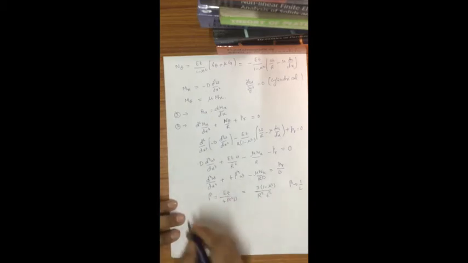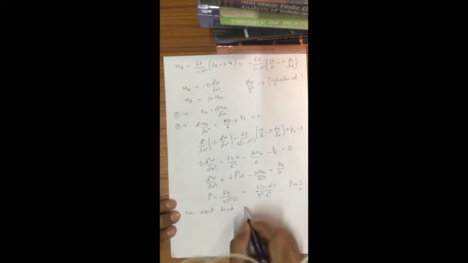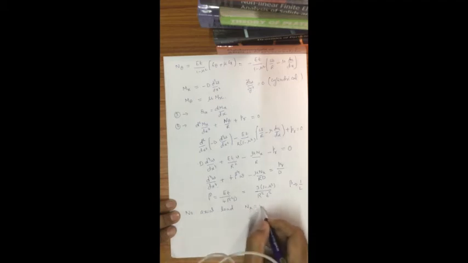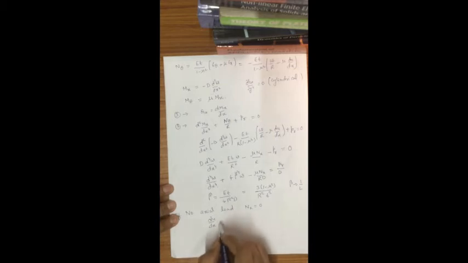In this problem, let us simplify further by considering that there is no axial load. When there is no axial load, that means Nx is equal to 0. If Nx equal to 0, what will happen to this du by dx, the epsilon x?